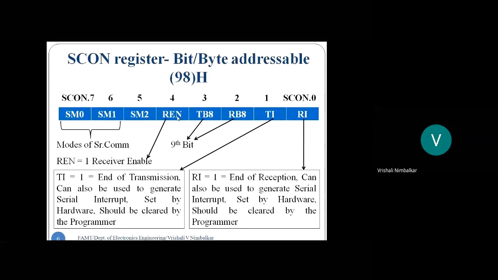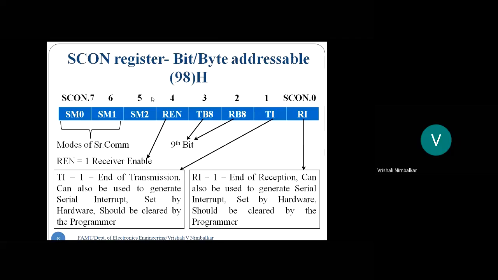But for reception, there is a bit to enable the reception, REN. Do you get me, students? Reception is enabled by this 4th bit on SCON. That 4th bit should be set. Whereas for transmission, there is no such bit. But then how does transmission begin? As soon as, with the help of an instruction, I load some data in the SBUF register, the transmission begins automatically.